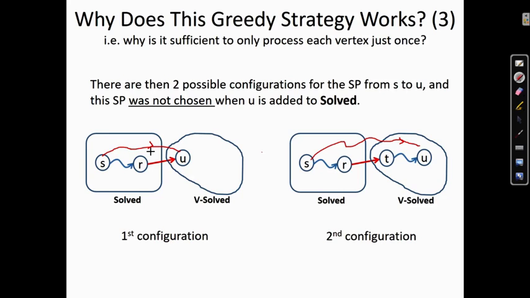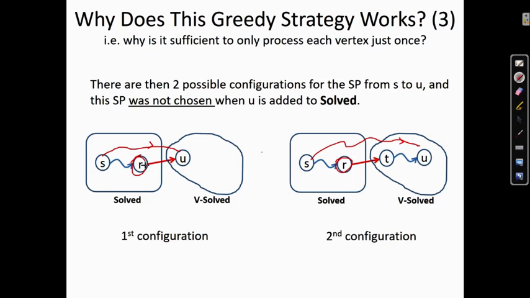Now, if I look at both configurations, this r here is the last vertex inside solve before I exit solve. Since it is already in solve, it must have its shortest path correctly computed already, so d of r must be equal to delta s r. Then if I look at this first configuration, if r was computed correctly when I put r into solve, the algorithm will relax all its outgoing edges.